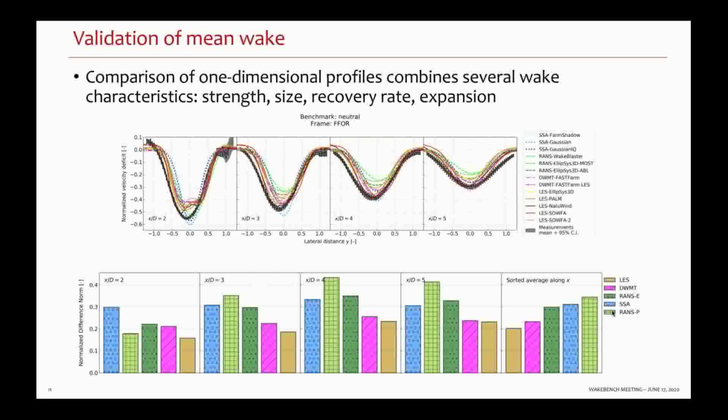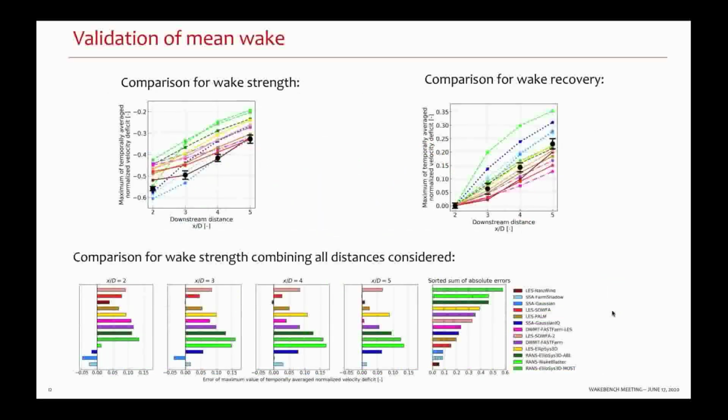And so in this way, we were able to look at these mean wakes and have an idea of this overall sense of performance for the different model categories in terms of all these quantities combined: wake strength, size, recovery, expansion. And then in order to break apart the wake a little bit more, we also looked at more specific quantities like wake strength, wake recovery. I'm not going to spend too much time on this because I'm trying to go quickly because we're so late.